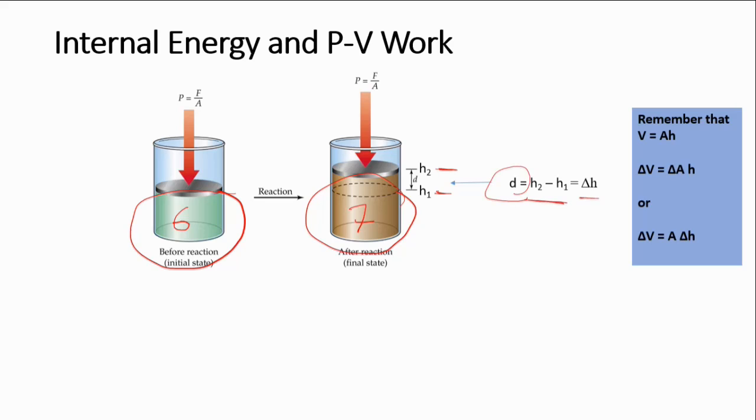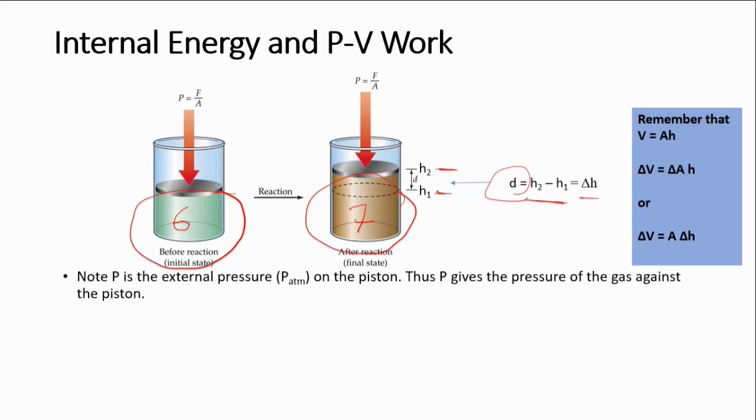Now, we already said that the pressure on the cover, that red arrow, is atmospheric pressure. Pressure is equal to force over area. If we rearrange this formula, force is pressure times area.